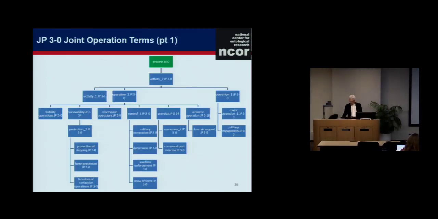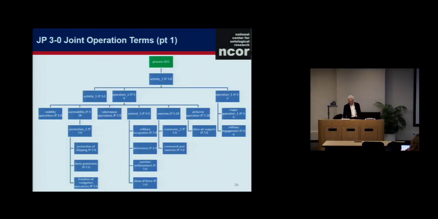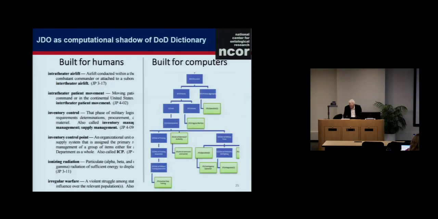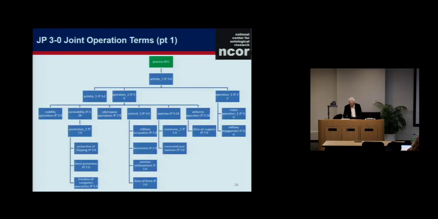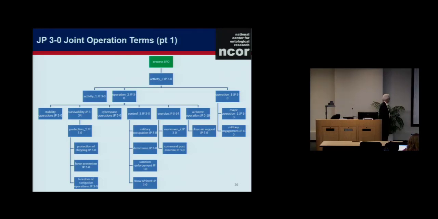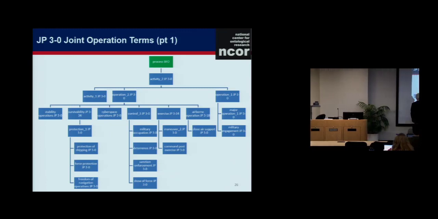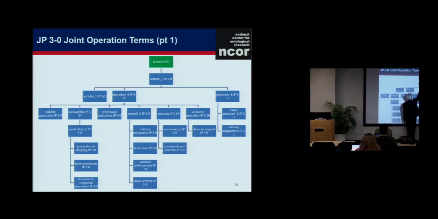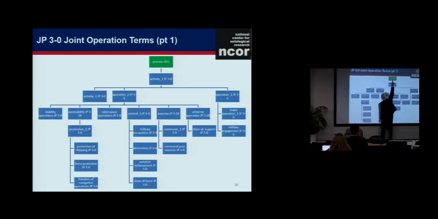And so this is another largely blue one. So I guess let me just get this right. On this diagram, blue means BFO or CCO. On this diagram, blue means actual Joint Doctrine terms. So my color scheme is not very consistent. So you see here the term operation, which is an activity, which is a BFO process.